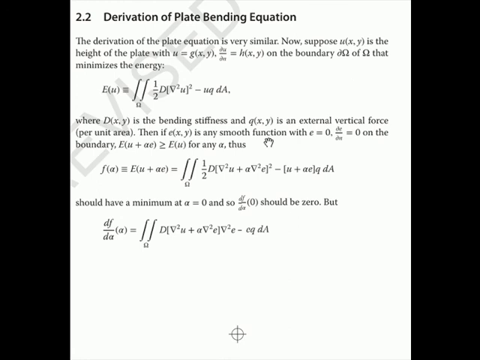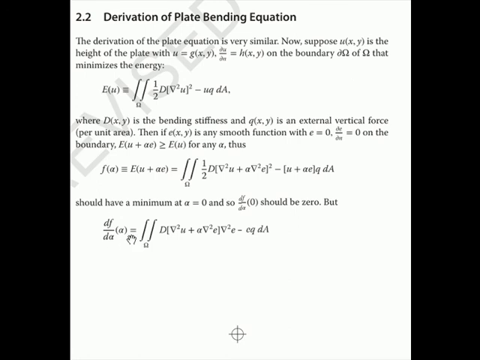There's the energy. Again, if you're assuming clamped boundary conditions, that means that u and the normal derivative of u are given on the boundary, now not just 2 points, but the entire boundary of the plate. Then you take any e which is 0 with normal derivative 0 on the boundary, and the energy of u plus alpha e has to be greater than or equal to the energy of u.